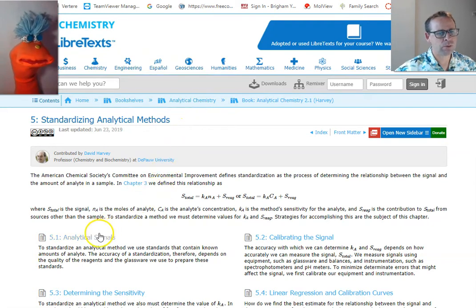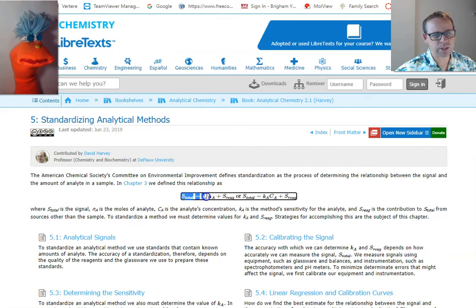So we talked about this equation before, where the total signal is related to the proportionality constant times the moles of analyte, for example, plus we have also whatever signal comes from our reagent or our matrix. Again, the matrix is everything in the sample that is not the analyte.